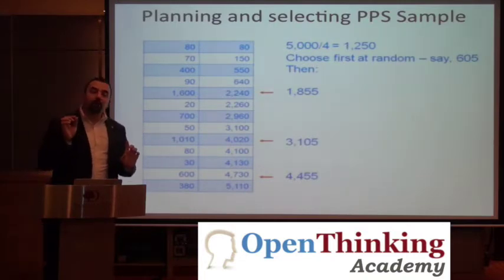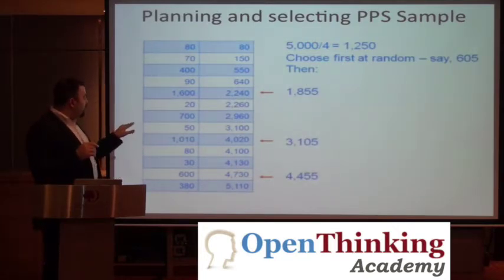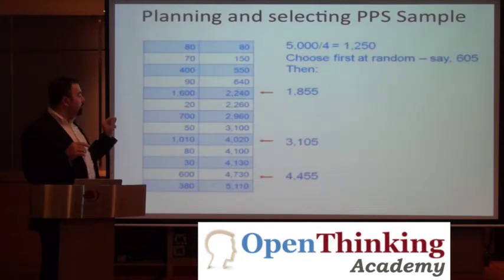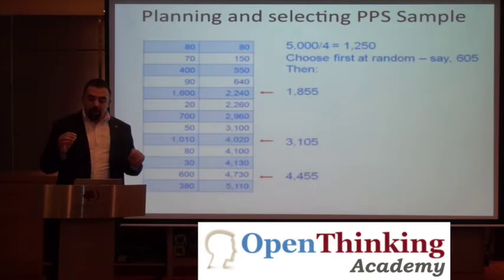I will select the invoice that makes me reach the number I need to do this testing. I continue the same way. I reach 4,020. Now I reach the invoice that I need to select. I reach 4,730. Now I reach the invoice that I need to select. So in that way, based on the dollar amount, I will be able to select the sample that I need.